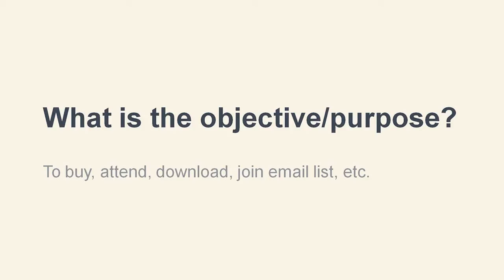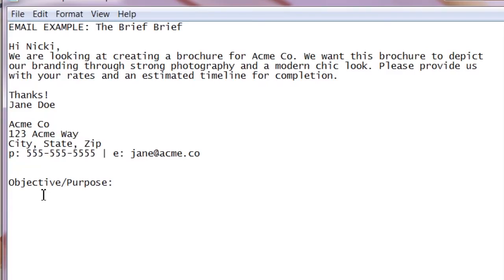Okay, so that essentially could be our purpose. Once you have your objective and your purpose, and you can just do this on paper or on your screen or however you want to work with this, essentially our objective and purpose is to sell and to increase brand awareness, okay?